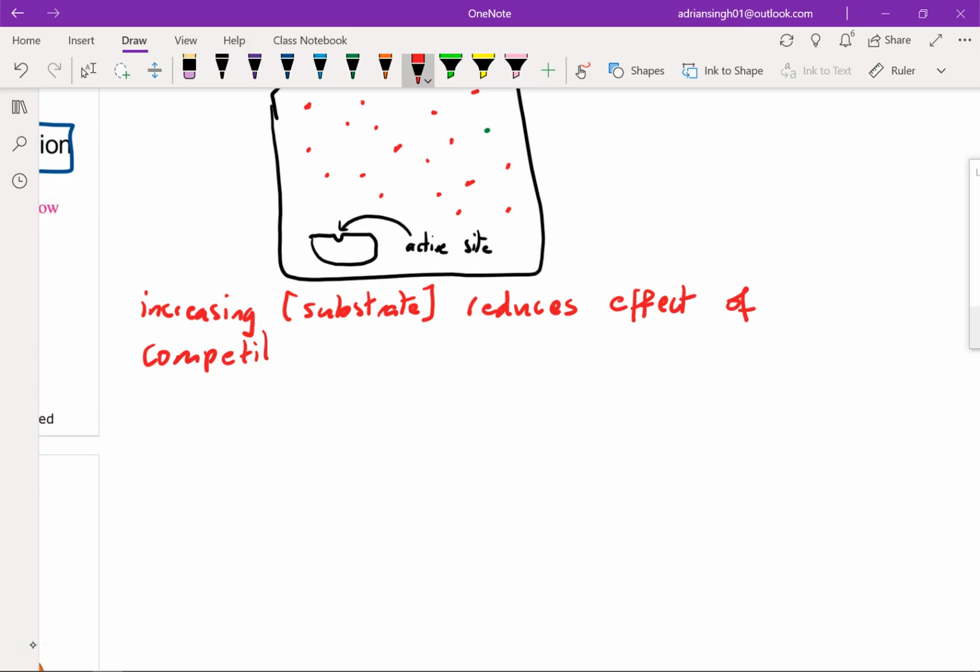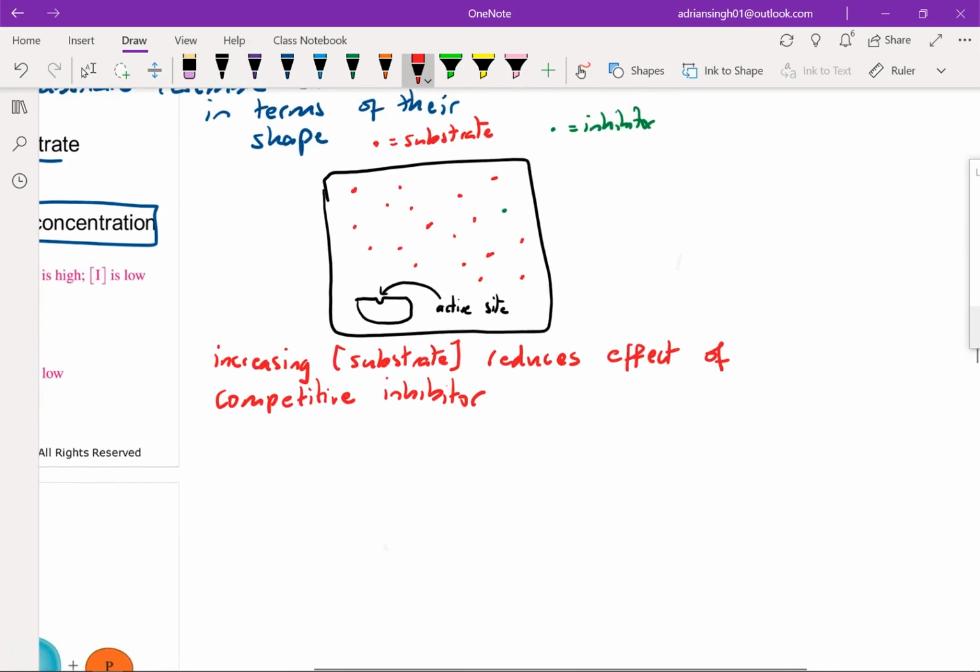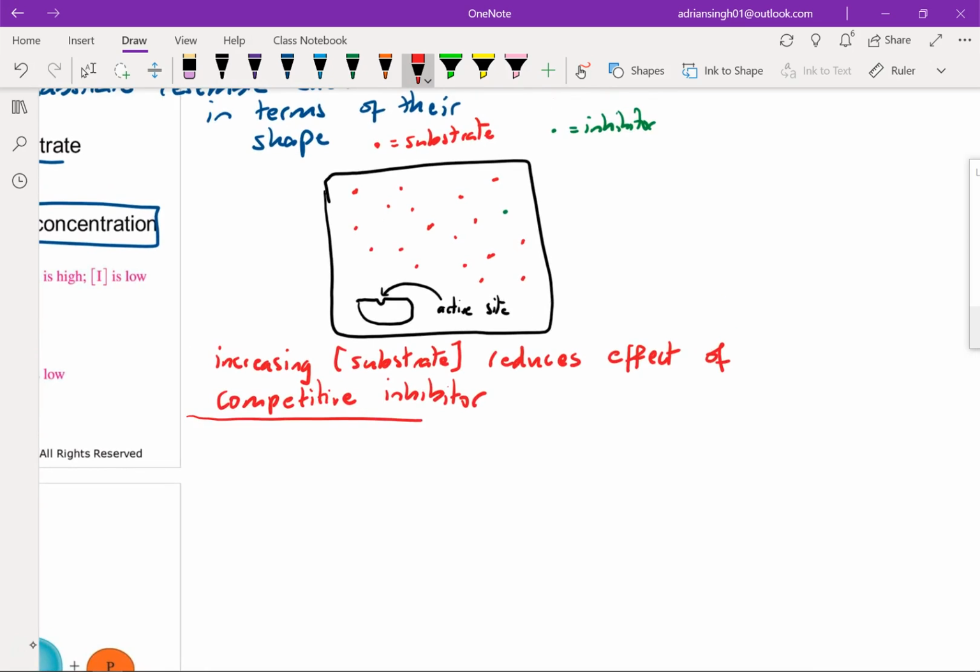Just by simply drowning it out, right? And this works because they both resemble each other in terms of their shape, so they're competing for that active site. So because we have way more of one than the other, there's no competition, right? The red substrate here is going to win that battle every single time.